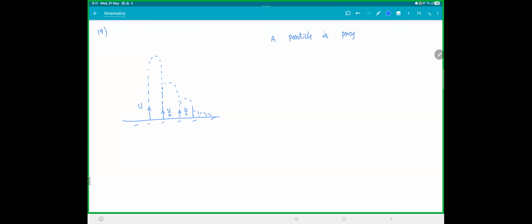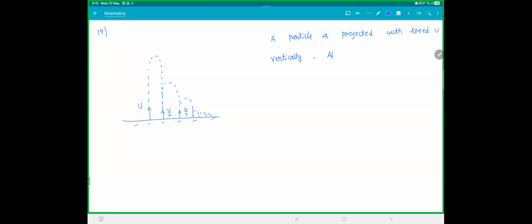You have done this thing in infinite GP. A particle is projected with speed u vertically. After hitting the floor, it bounces back with half the speed.